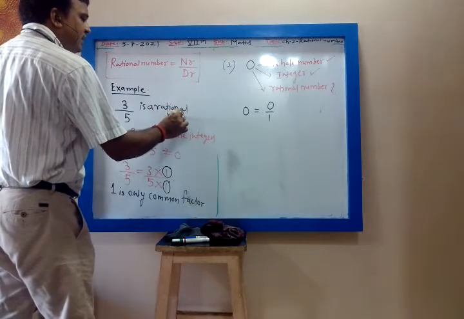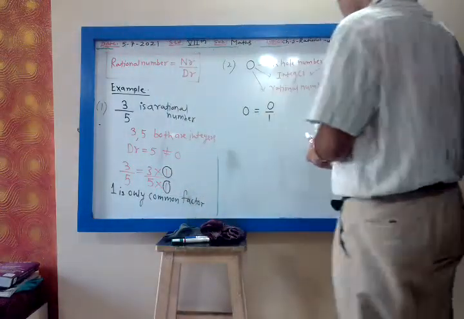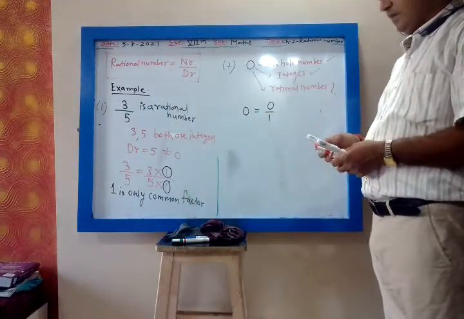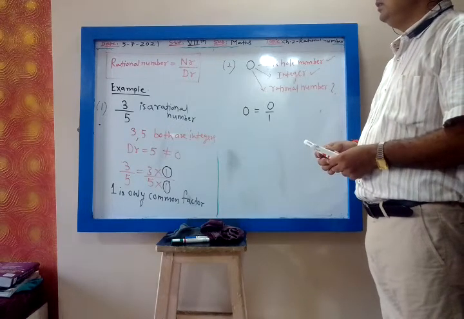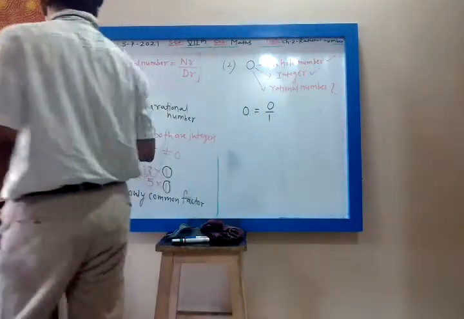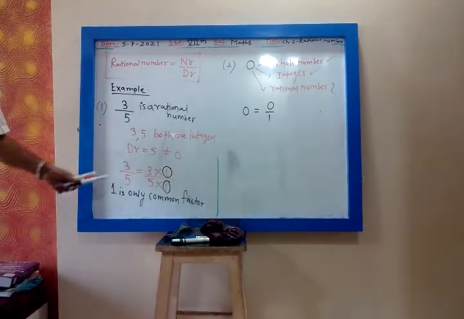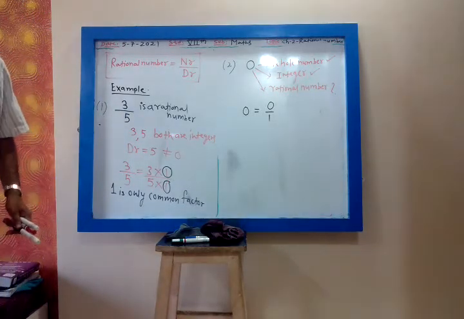Similarly 0, I can write 0 upon 1. There, my dear, we are checking whether the denominator is not equal to 0.